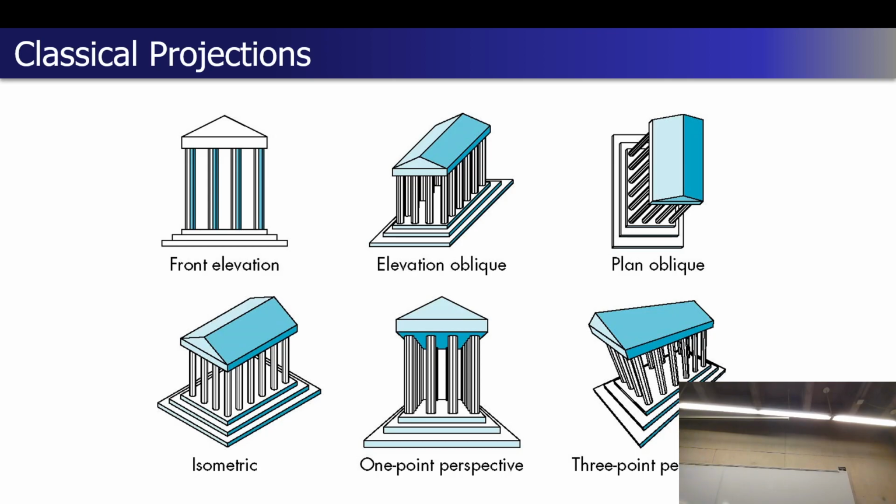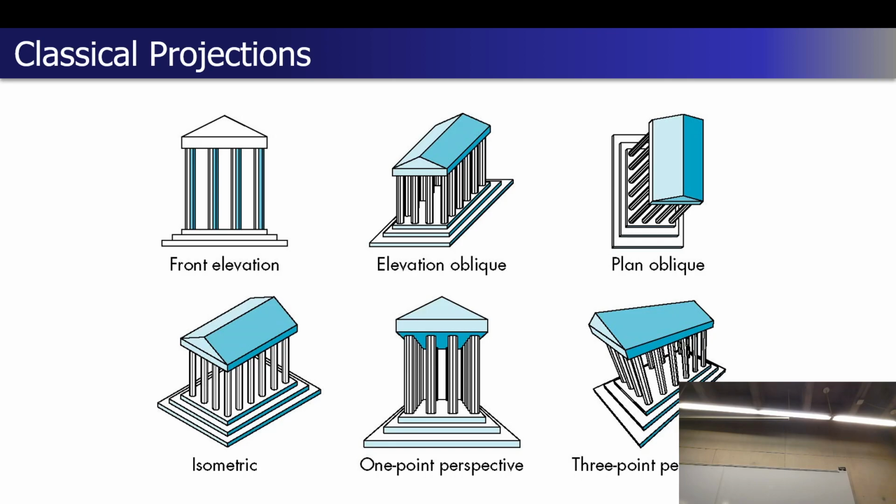Whereas in a perspective view, there would be at least one, but potentially up to three vanishing points, in which things, if you imagine extending them out into the far distance, would appear to be very minimal in size.